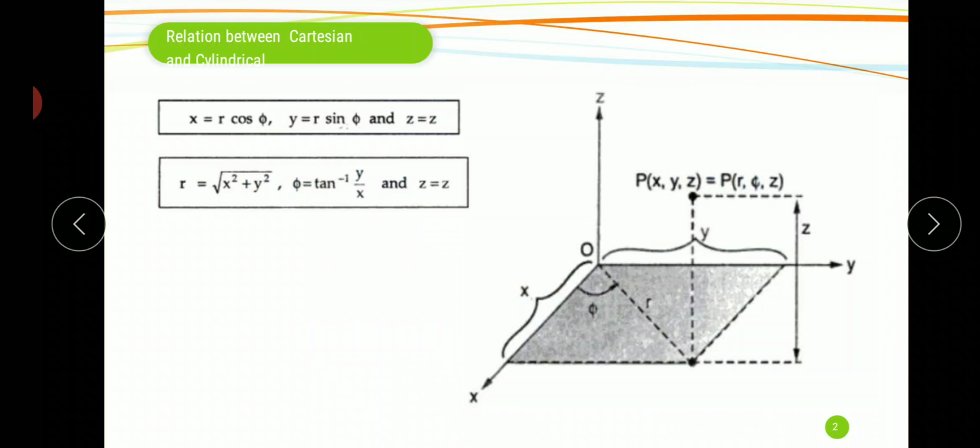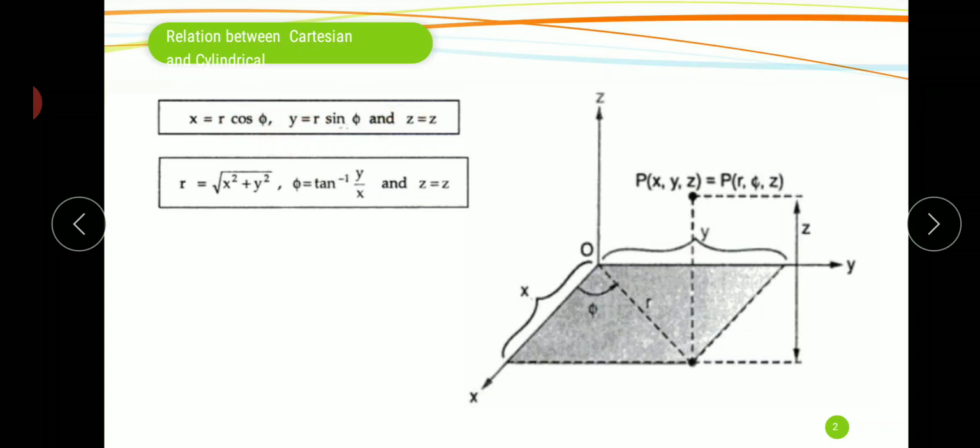Now in this session we discuss the relation between Cartesian and cylindrical coordinate systems. In the Cartesian coordinate system, the variables are x, y, z.